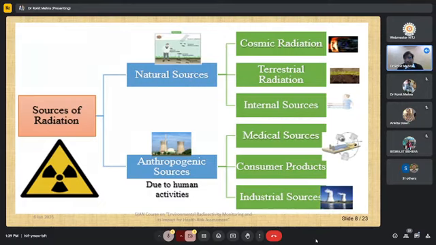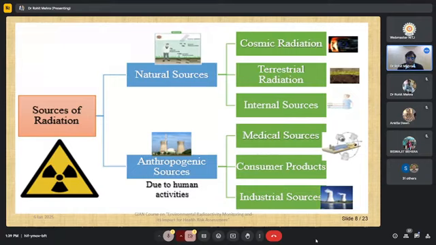Like when you go for medical diagnostics, you have undergone an x-ray. Have you ever asked how much radiation exposure has been given to you? Nobody asks. In India especially, nobody asks. If you go for a CT scan or a PET scan, no doctor or radiologist gives you an idea of how much radiation you have been exposed to.